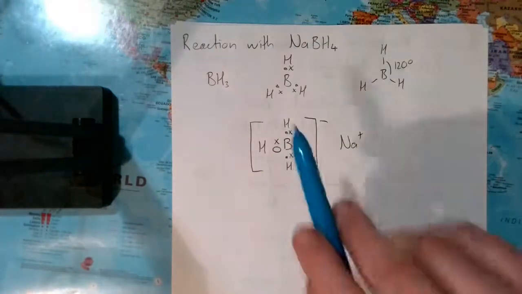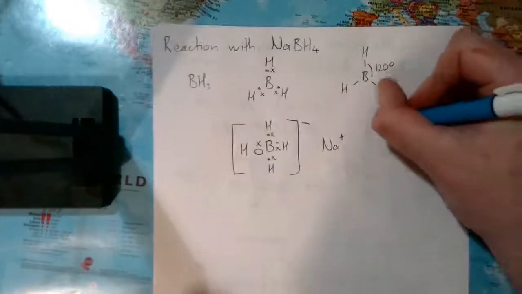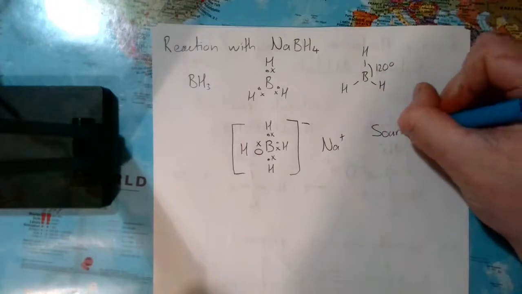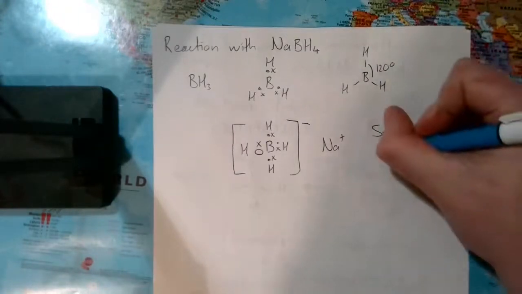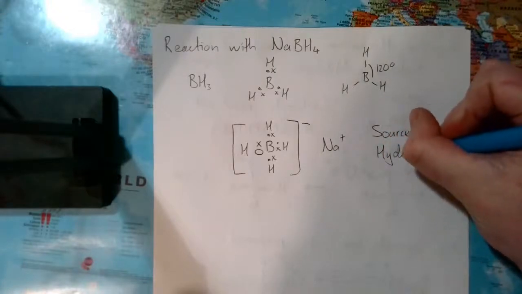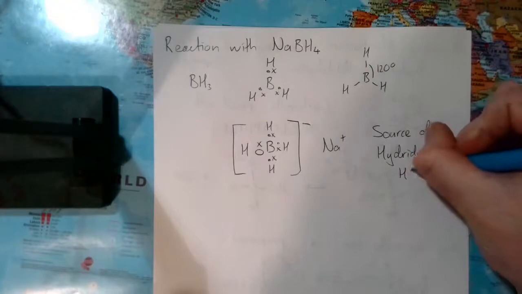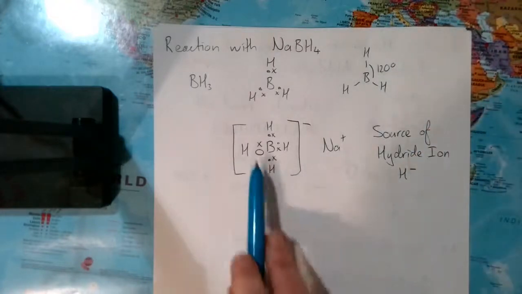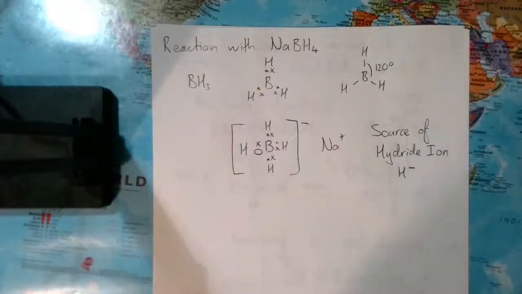Now this chemical here is something that we're not allowed to play with in school because it's very, very, very reactive, and it's a source of a hydride ion, which is H minus, because basically this is going to come away leaving you with BH3.